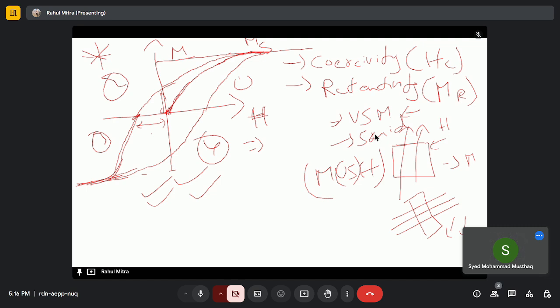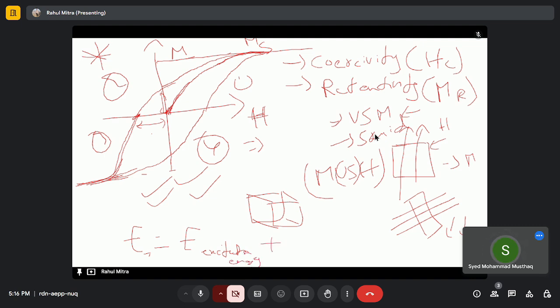Now, for example, if I have a magnet in a magnetic field, what are all the energies of the system? Suppose I have a magnet of a cube, then what is the total energy of the system? The total energy of the magnet has one contribution coming from the excitation energy, right?